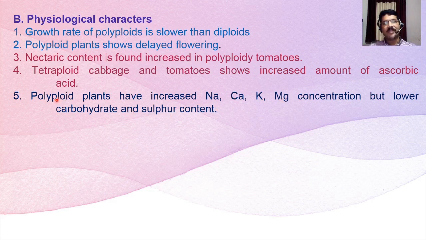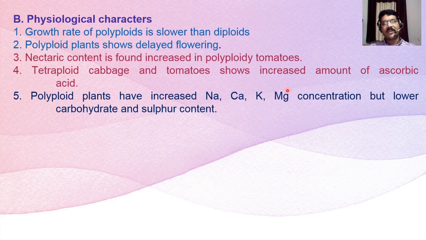So as we have seen, nectar content of the polyploids is rich, but here you can see polyploid plants have increased sodium, calcium, potassium and magnesium concentrations. So these plants contain sodium, calcium, potassium and magnesium.